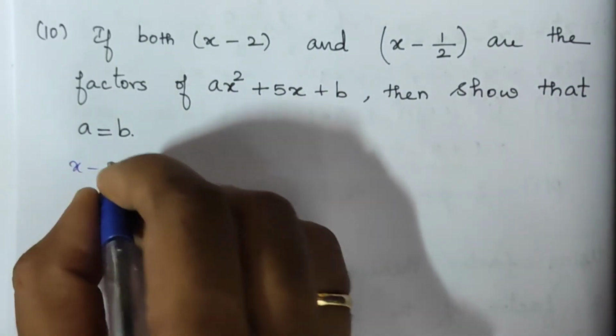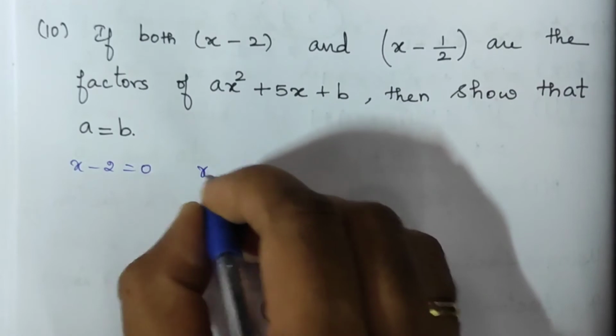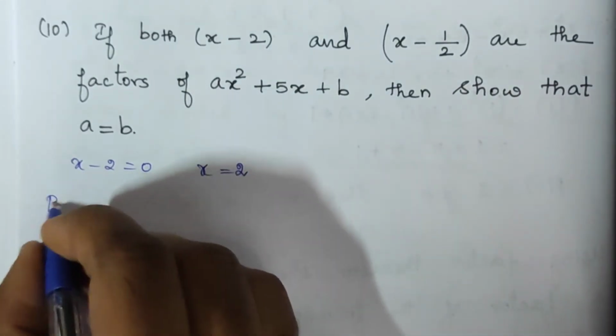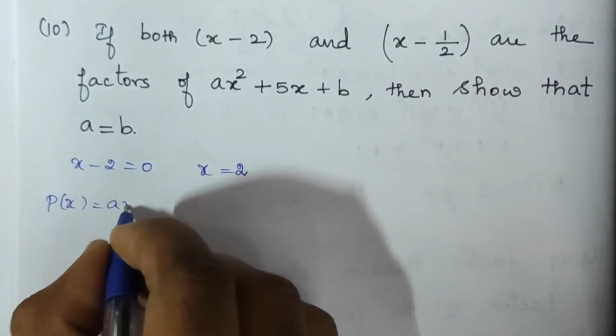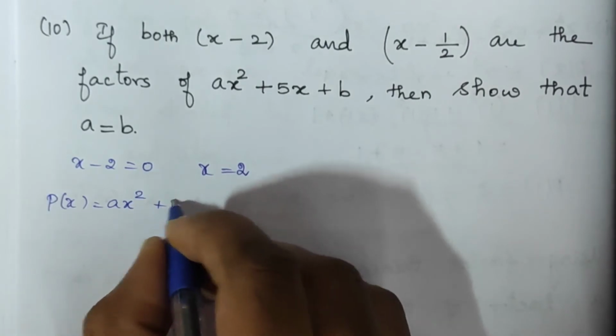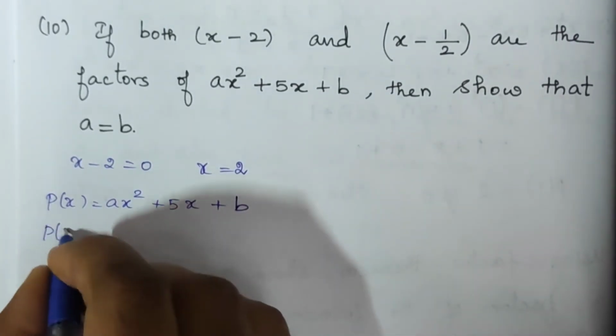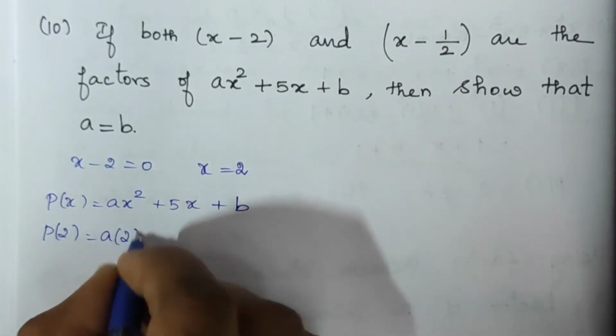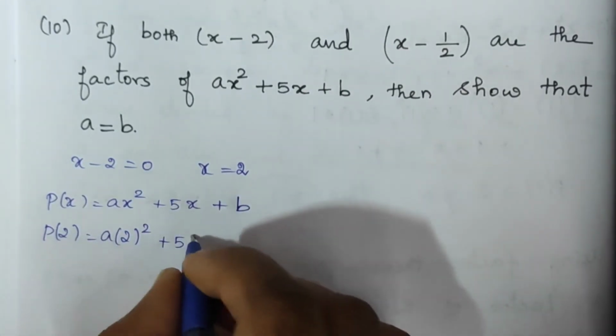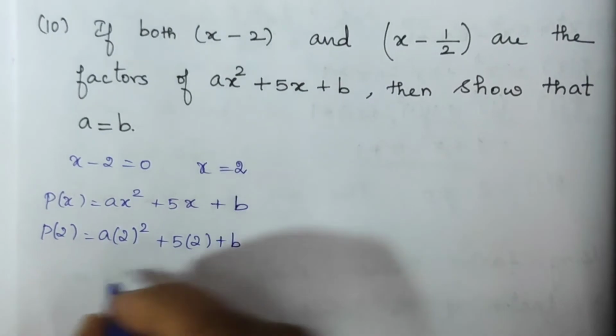Okay, so x minus 2 is equal to 0, therefore x is equal to 2, and your polynomial is ax square plus 5x plus b, right? So p of 2 is equal to a into 2 square plus 5 into 2 plus b.